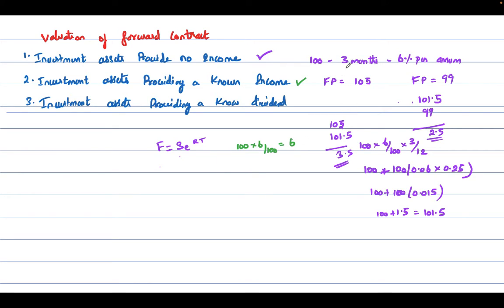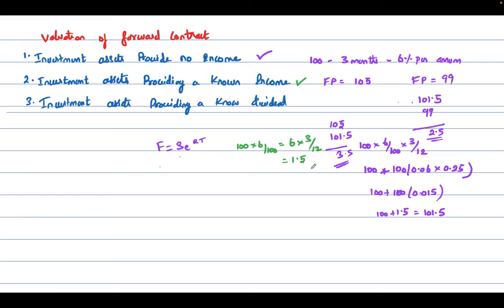But in this case you are investing it for 3 months. So what you have to do is 6 into 3 by 12. 3 by 12 is 0.25, into 6 gives 1.5.